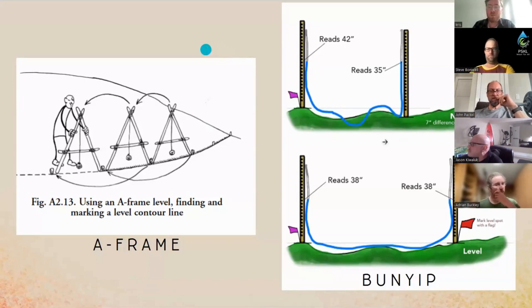These two tools here have been used for centuries, I guess. I couldn't say exactly when they started being used, but they're super low-tech solutions to measure a piece of land that has the same elevation. You can see here with this A-frame that you have two pieces of wood and a crossbar and a piece of string hanging down with a weight on it. When those two sides of the A-frame are level, the string sits right in the middle.